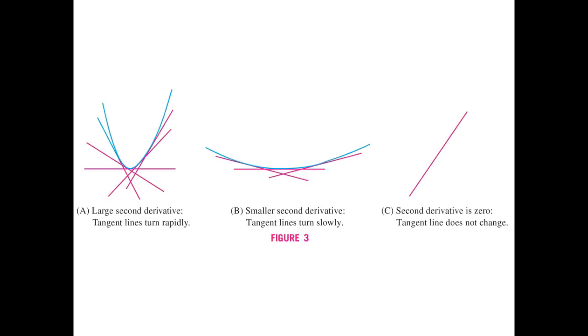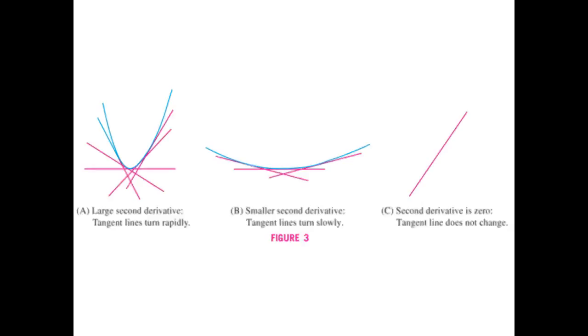So that would be an increasing second derivative, okay? But smaller throughout. Here, you have a linear function. The slope is the same, a constant, so therefore the tangent line doesn't change. The second derivative, how fast is the tangent line changing? It's not changing, so that would be a 0 second derivative. To me, this could have been done a little bit better, but what it's saying is true.